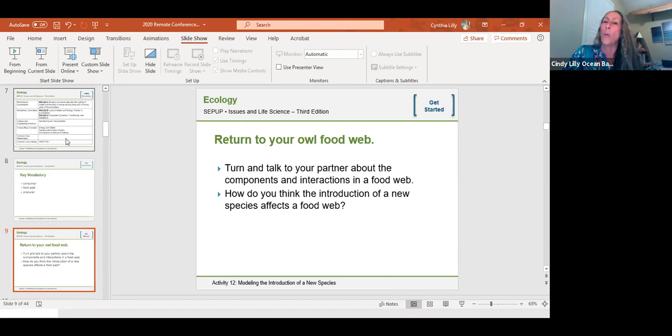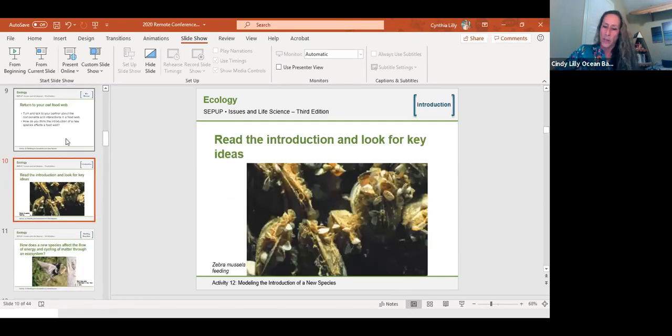So they start talking about what happens when we introduce a new species into a food web. So the student book, and you'll get this, so if you don't have it yet, Lisa's going to give it to you. It says, what happens when a new species is introduced into an ecosystem? Does it change the availability of food and therefore the matter and energy available to other organisms?